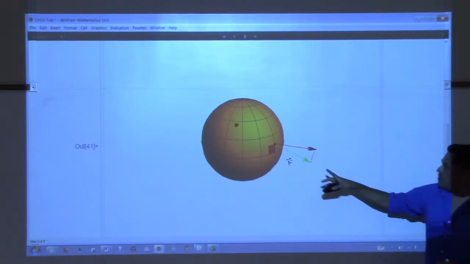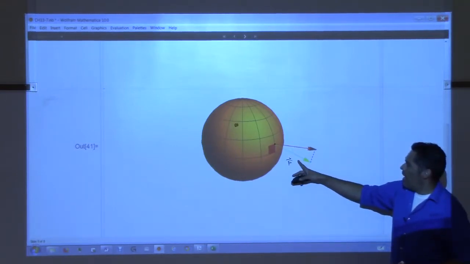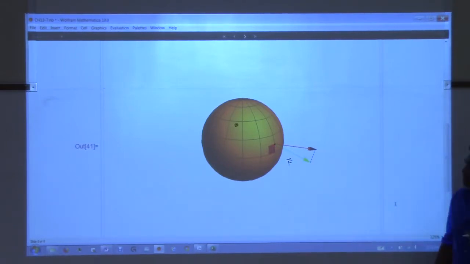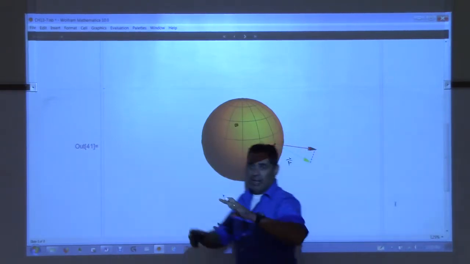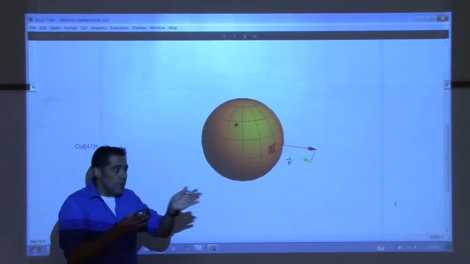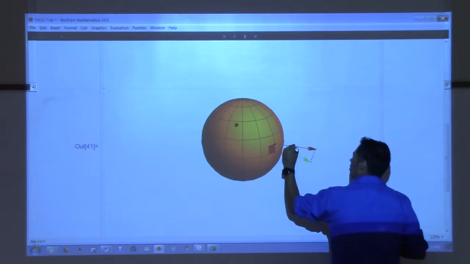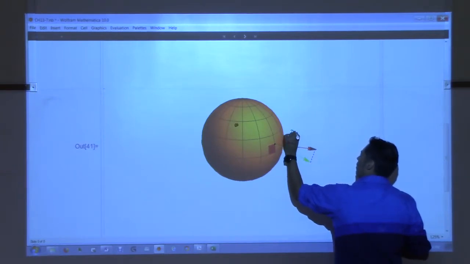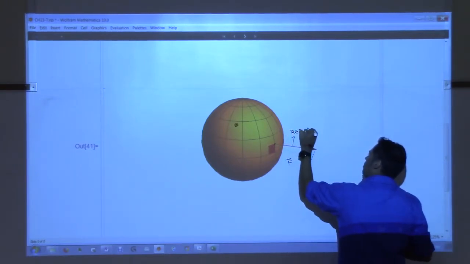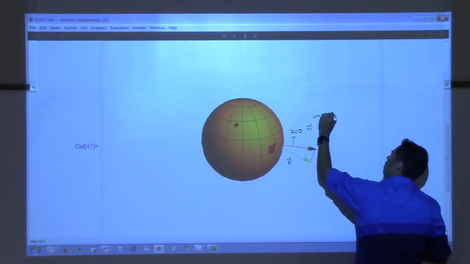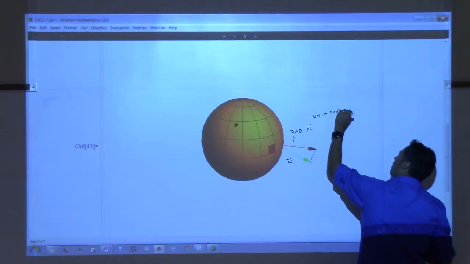So this is our field vector. And then the red vector is the unit normal vector. On any oriented surface, I have a unit normal vector, don't I? So the red one here is our N, the unit normal vector.